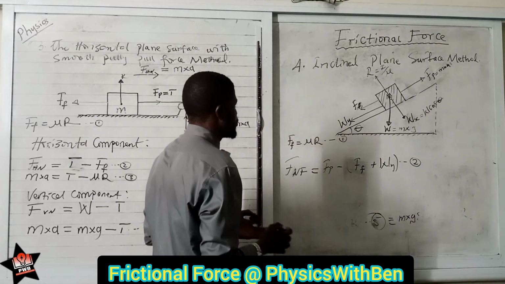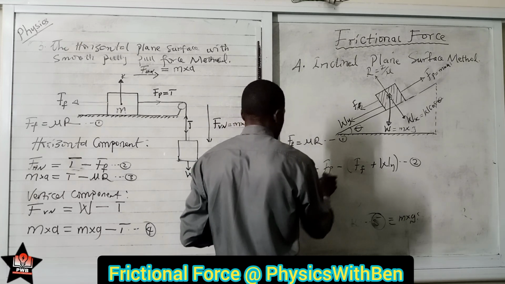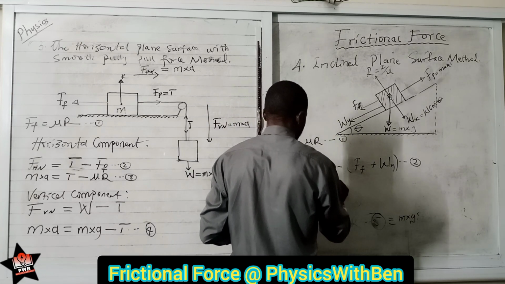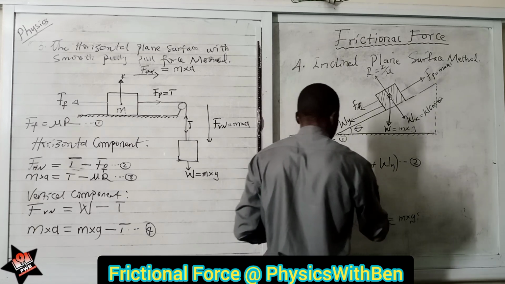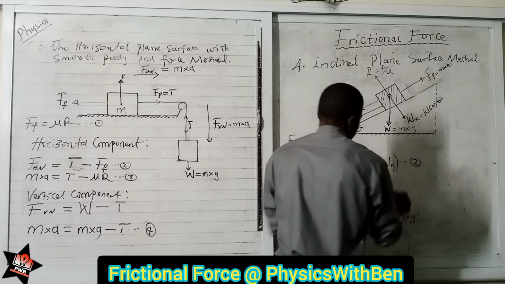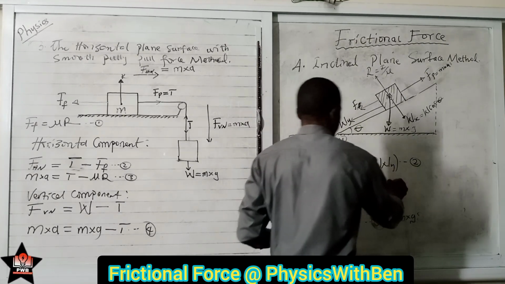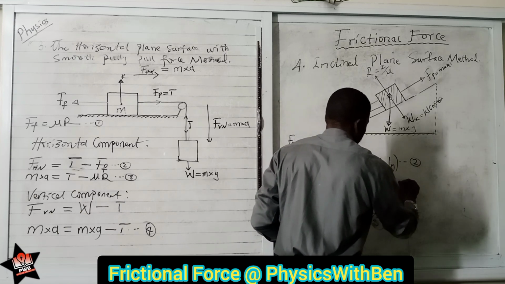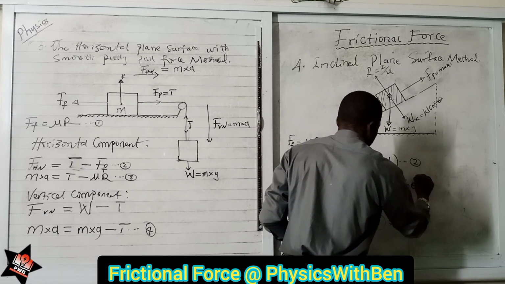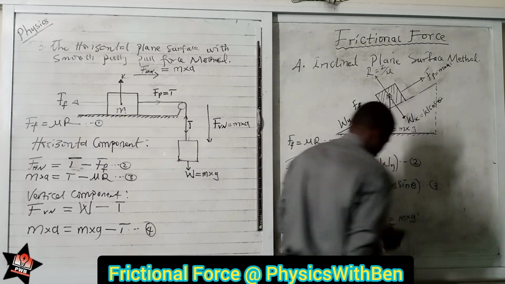And if you substitute correctly, we have that our net force here is equal to mass times acceleration minus bracket frictional force mu R plus W. We know that this is the same thing as what? W sine theta. We call this equation number 3.